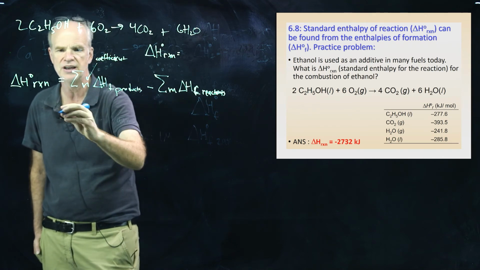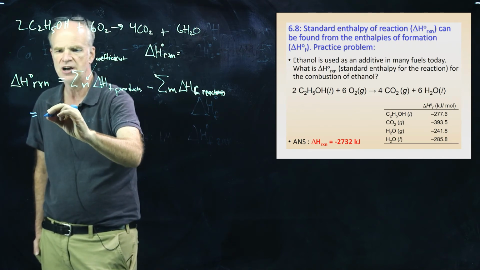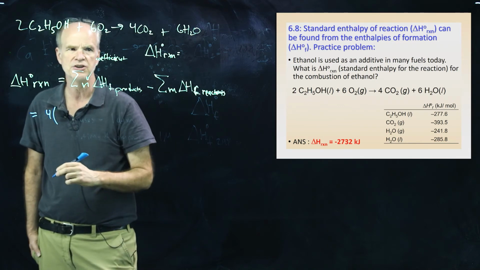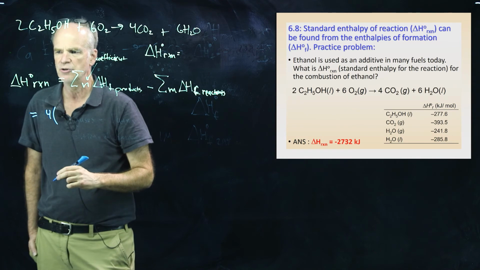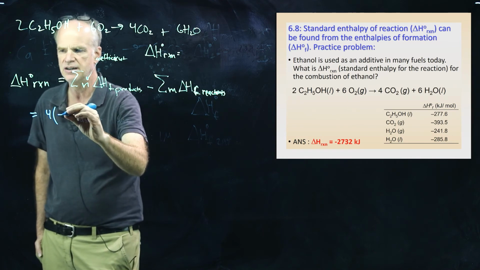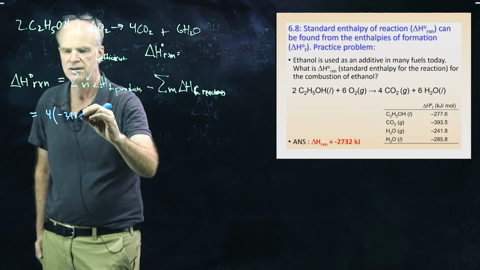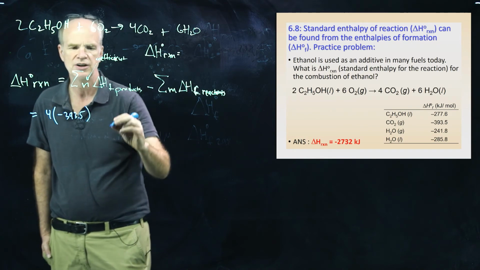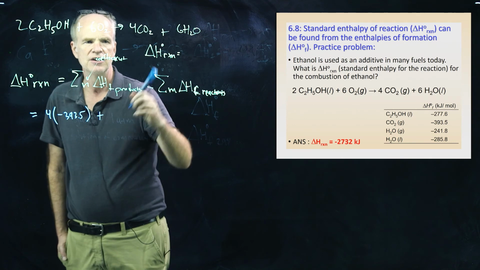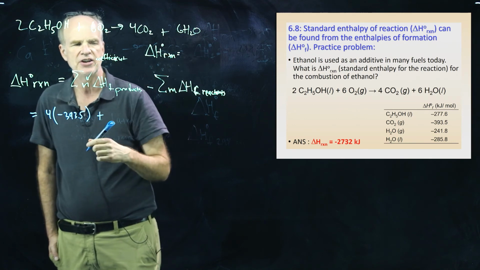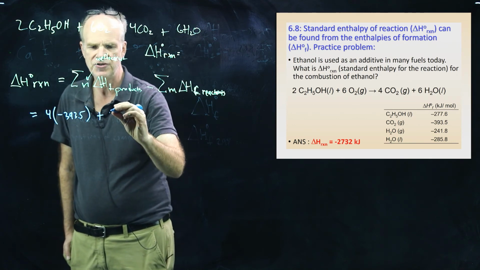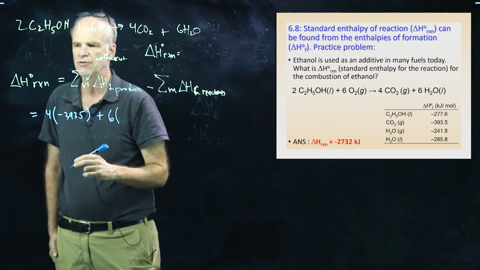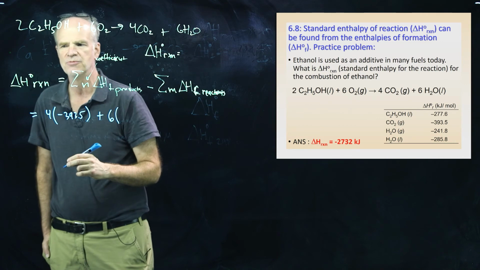So let me go ahead and do that. For the product side, we need 4 times the standard enthalpy of formation of carbon dioxide, which we have in the table: negative 393.5. I'm going to leave out the units to make my life a little easier. Plus 6 times the standard enthalpy of formation of water. Now be careful, the state of the water is important here.